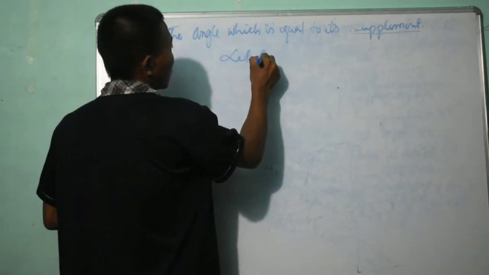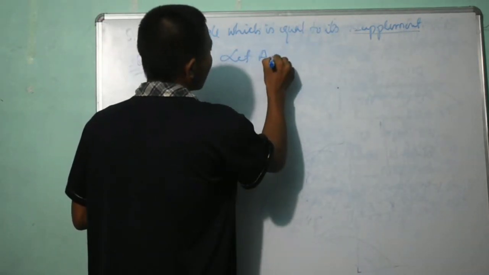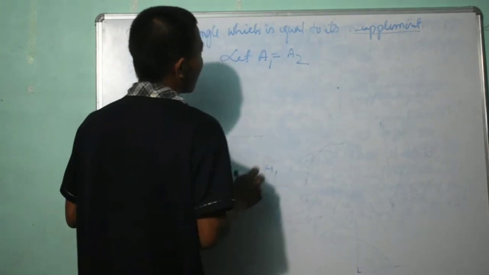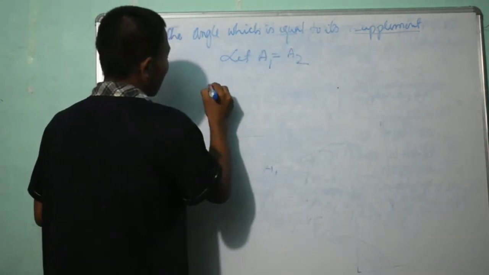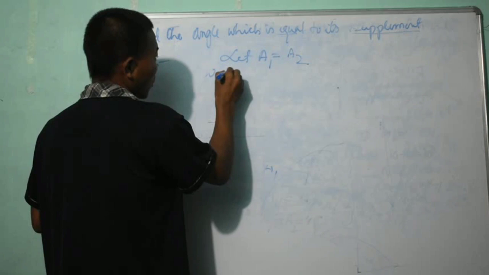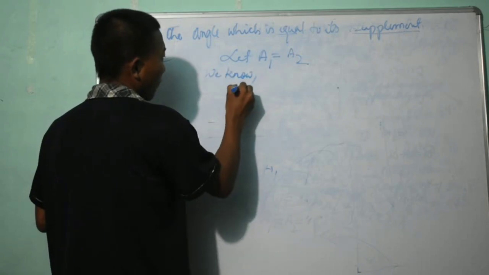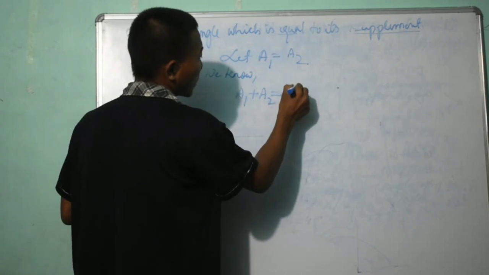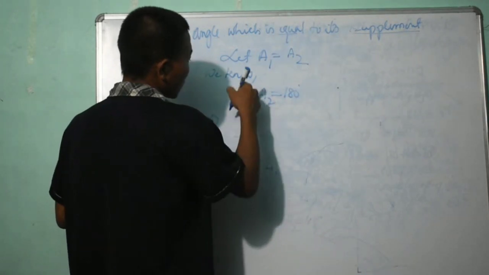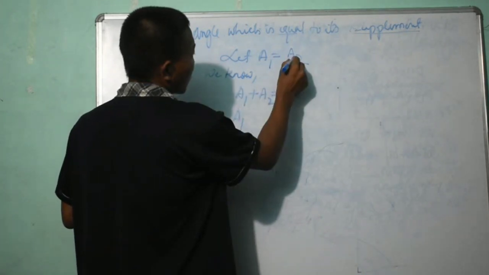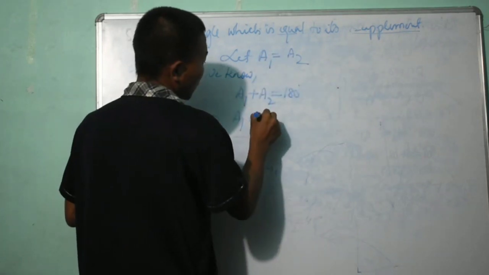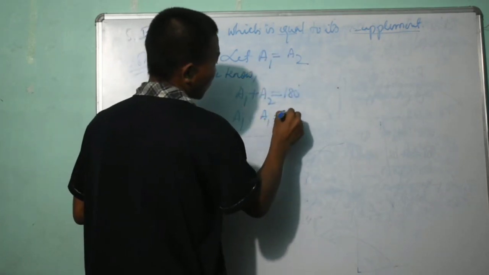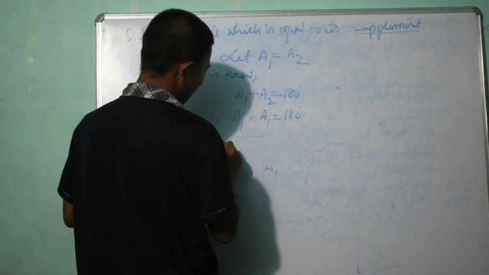So now let us start. Let A1 equal to A2 again, since it says equal. We know for supplementary angles, A1 plus A2 equal to 180 degree. Since A2 is equal to A1, we can write in place of A2, A1, 180 degree.